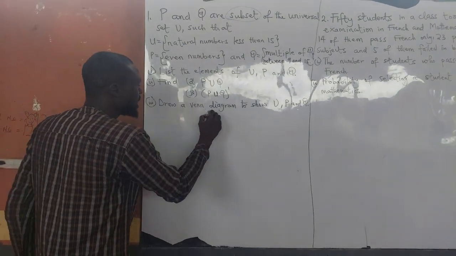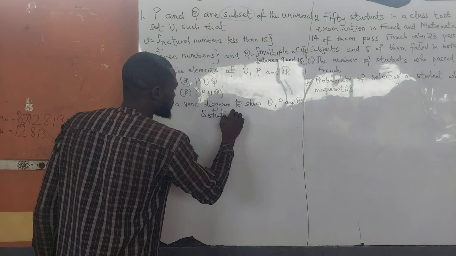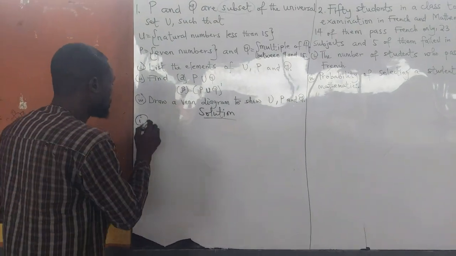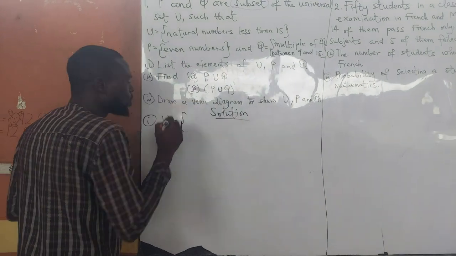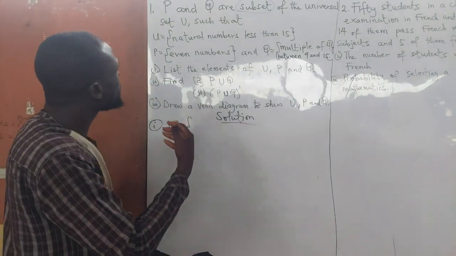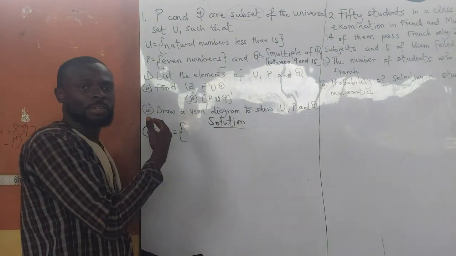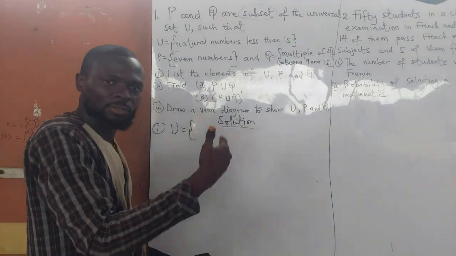The first part is saying that you should list the elements. So U, what is U? U happens to be natural numbers less than 15. And natural numbers start from 1.